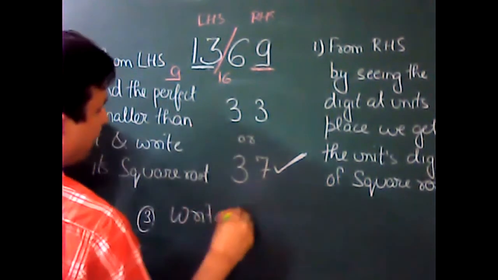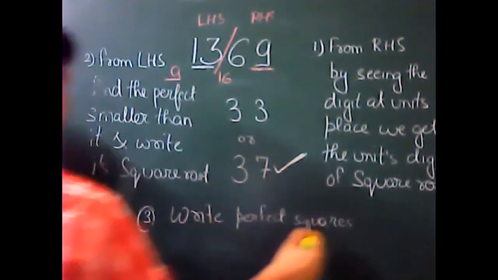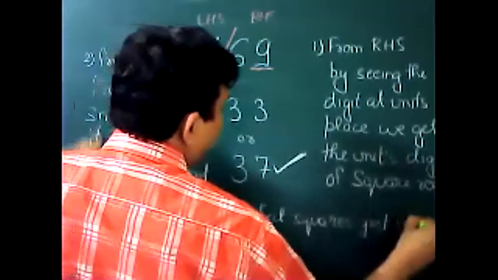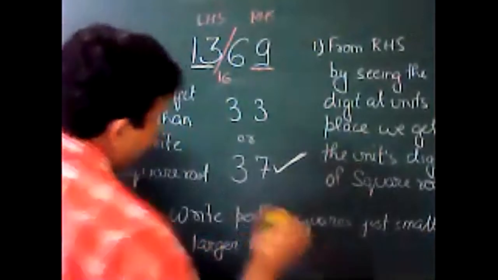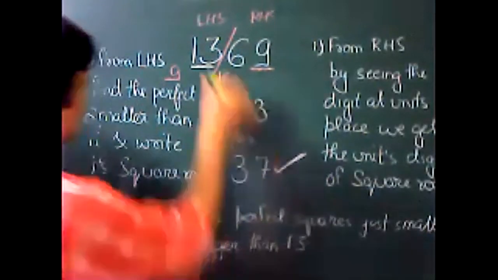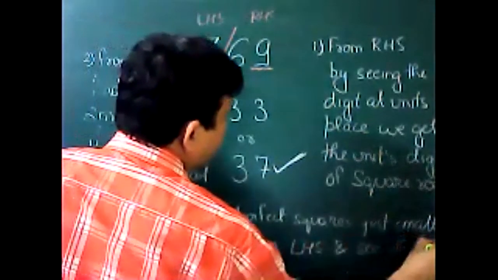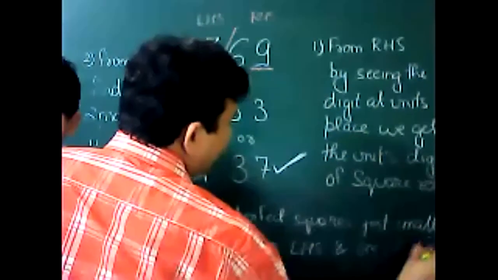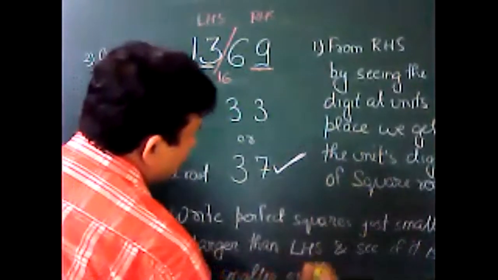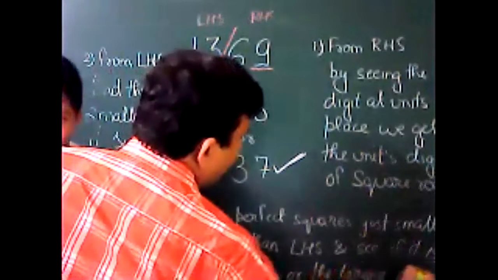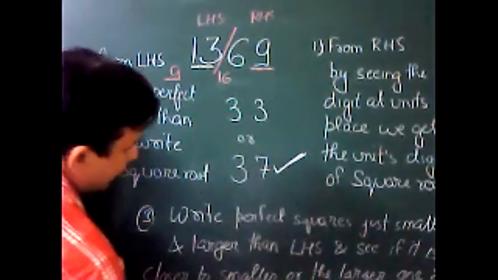Write perfect squares just smaller and larger than 13, larger than LHS, I must say LHS, and see if it is closer to the smaller or the larger one, and accordingly select the answer.